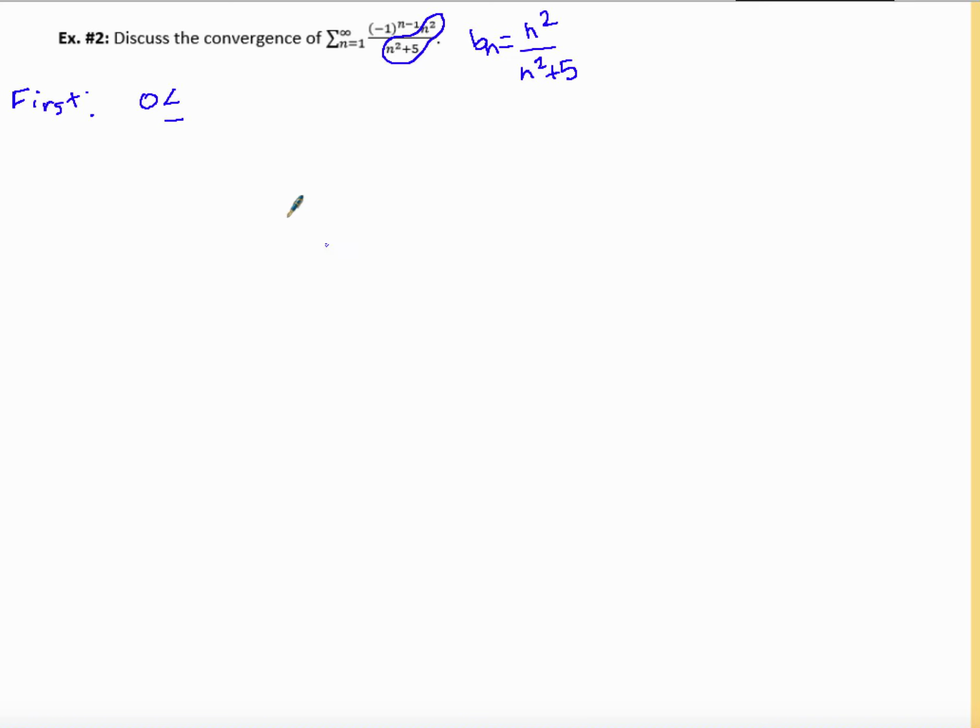That means that b sub n plus 1 is going to be (n plus 1) squared divided by (n plus 1) squared plus 5, and that has to be less than or equal to the actual b sub n, which is n squared divided by n squared plus 5. All right, so is this true?